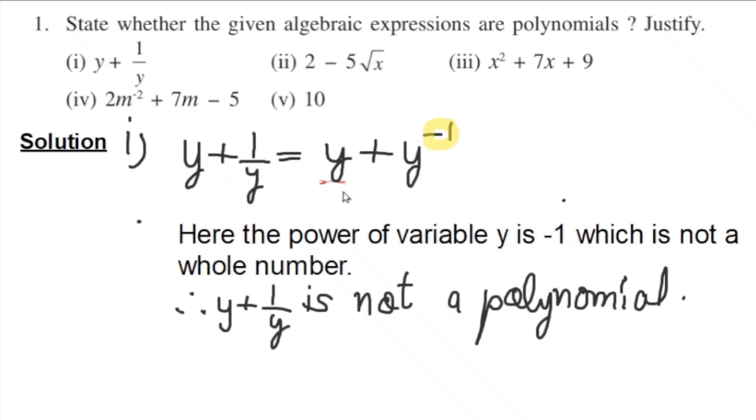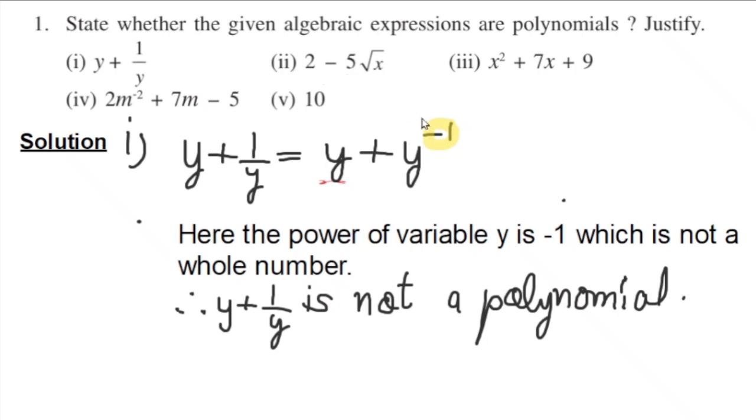This is how you have to write it along with the reason. You have to justify it with the reason. The power of the variable is not a whole number, so this is not a polynomial. This is how you have to solve the first one.